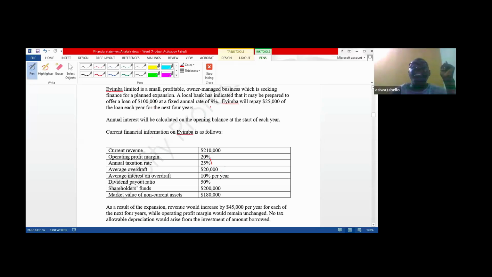The interest on the new loan is 9%. Examiner says annual interest will be calculated on the opening balance at the start of each year. So we are going to have two interests: interest on overdraft and interest on new loan.